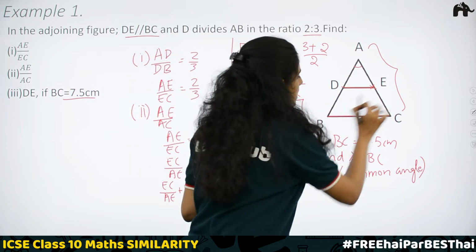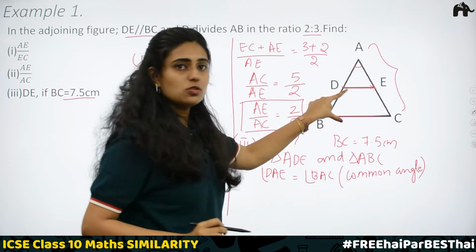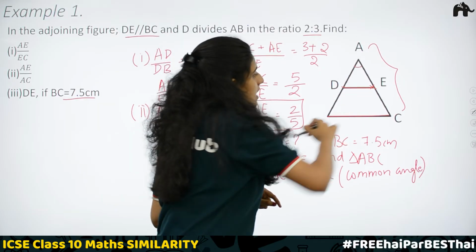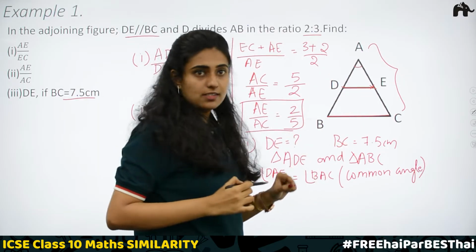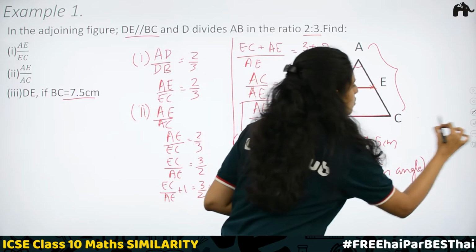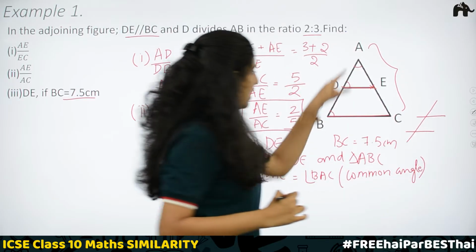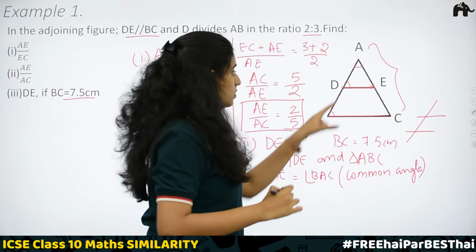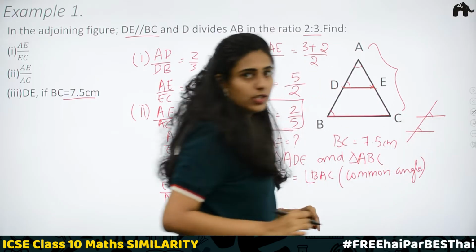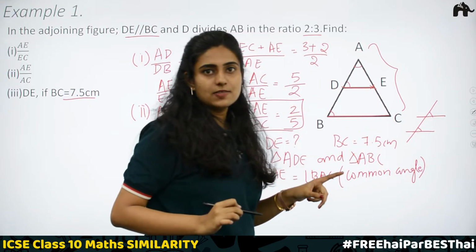When you consider these two lines, it is given that these two lines are parallel. And this AB is a transversal which cuts these two lines. Then this angle and this angle. Here we have two parallel lines, and AB cuts these two parallel lines. In that case, these angles will be equal. What do we call these angles?